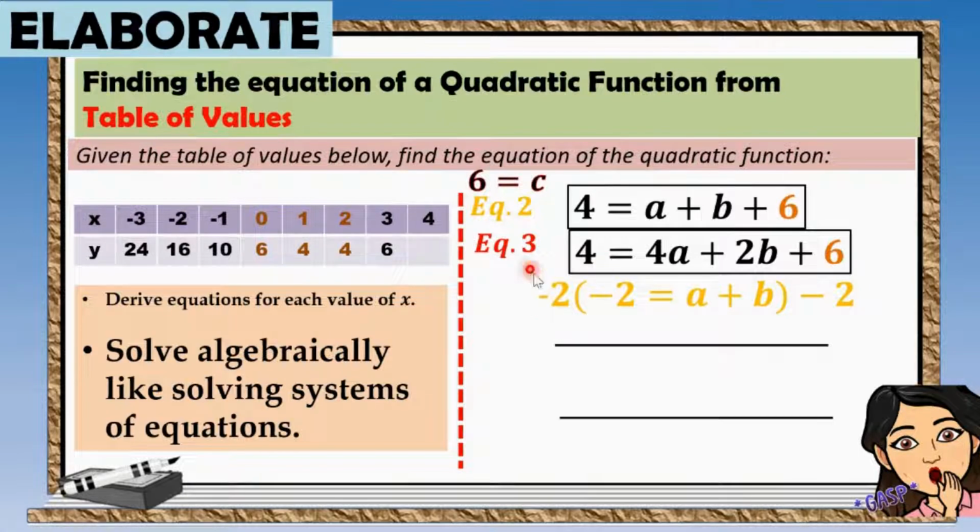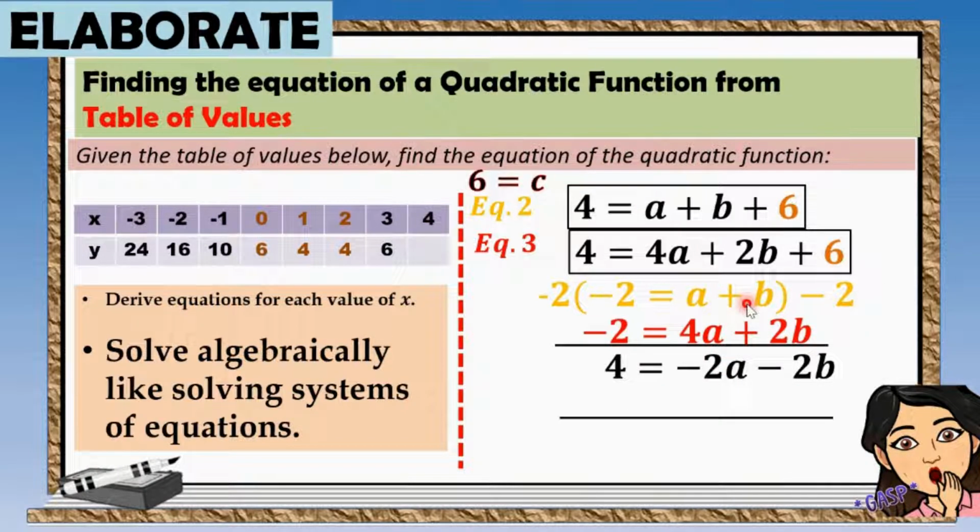So, i-multiply natin ngayon yung equation 2 by negative 2 to both sides para maalis natin yung variable b. So, this will become negative 2 times 4 equals negative 8. Negative 2 times a is negative 2a.